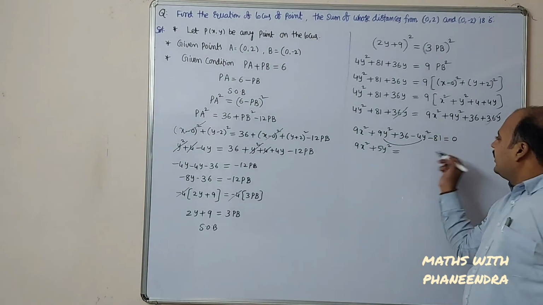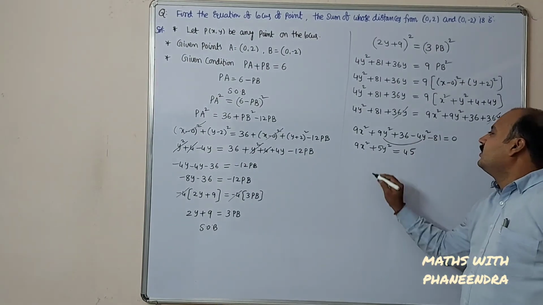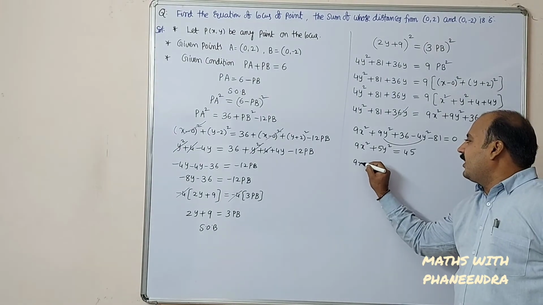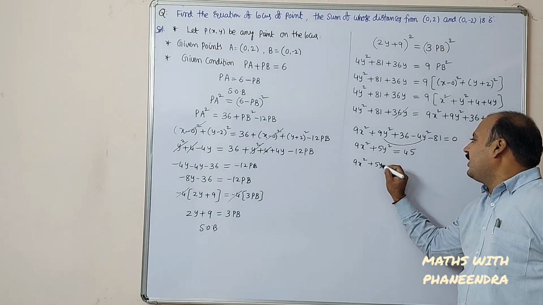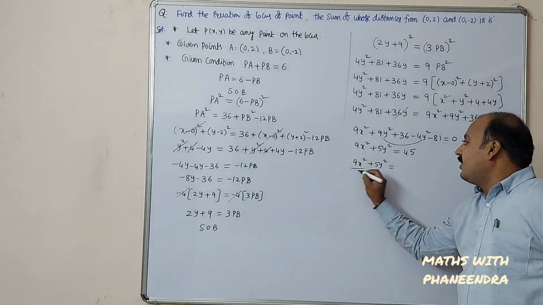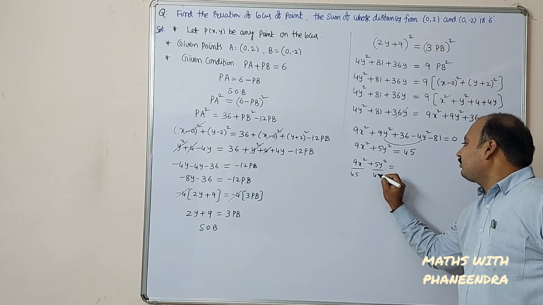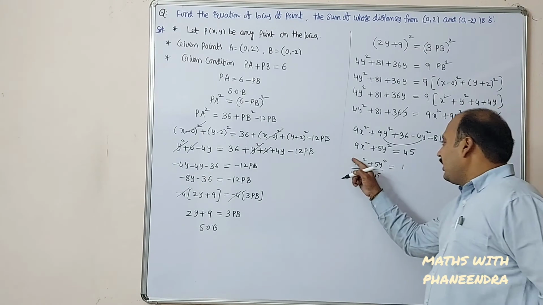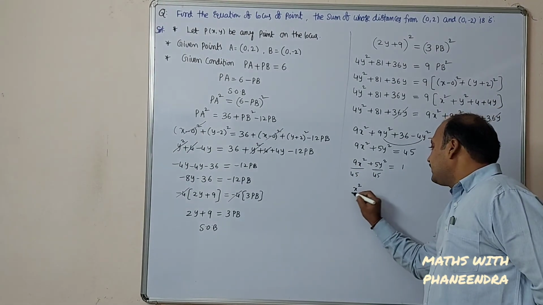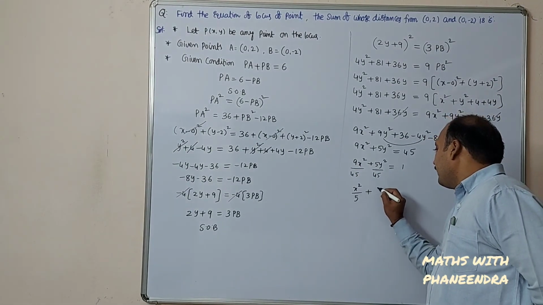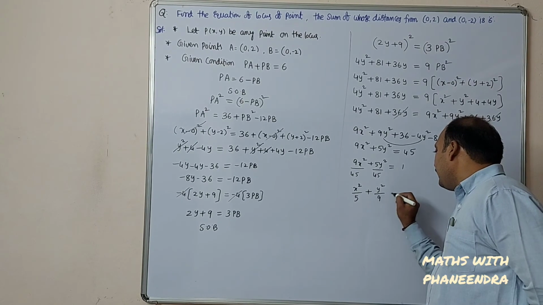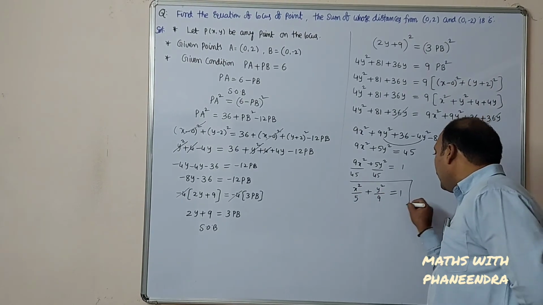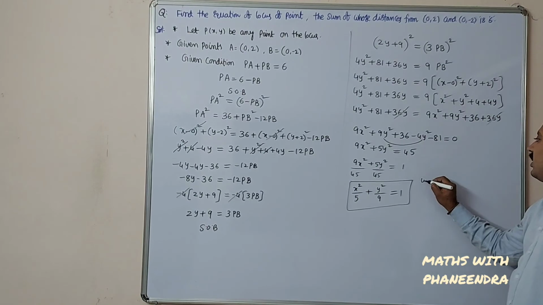Dividing by 45, 9x square plus 5y square is equal to 45, divided by 45. So 9 ones are 9, 5 fives are 5... x square by 5 plus y square by 9 is equal to 1, which is the required locus.